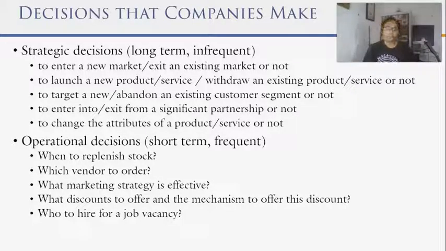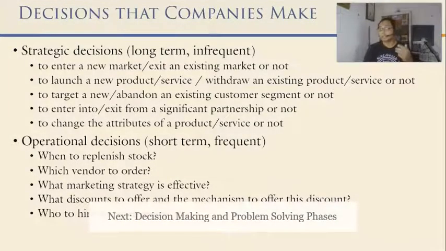Okay, but the operational decision is the one that, like I said, is made by the managers, executives, and all those people at the managerial level. And the intention of these operational decisions is just to keep the business running.